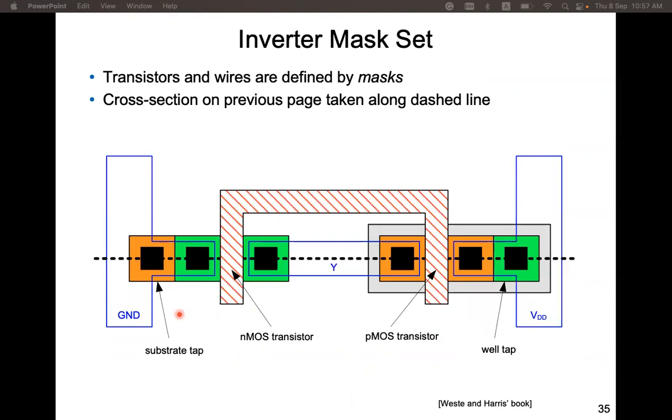The transistors and those metal wires are defined by a set of photo masks. We need to have a geometry pattern for each layer: for the diffusion layer, for the metal layer, for the polysilicon area. And this is the top view, which shows those masks.